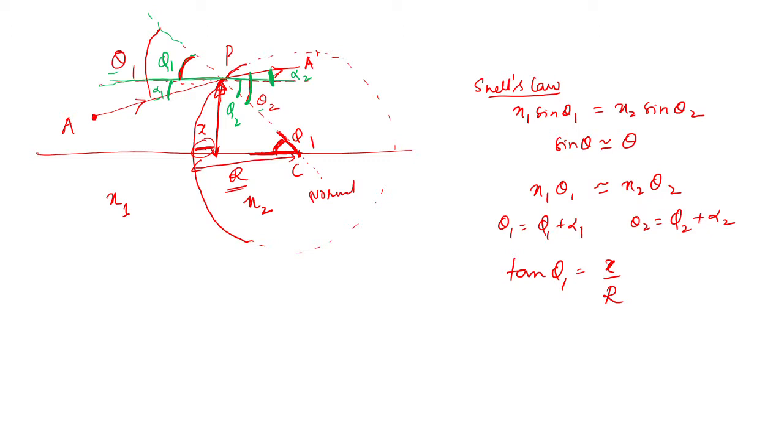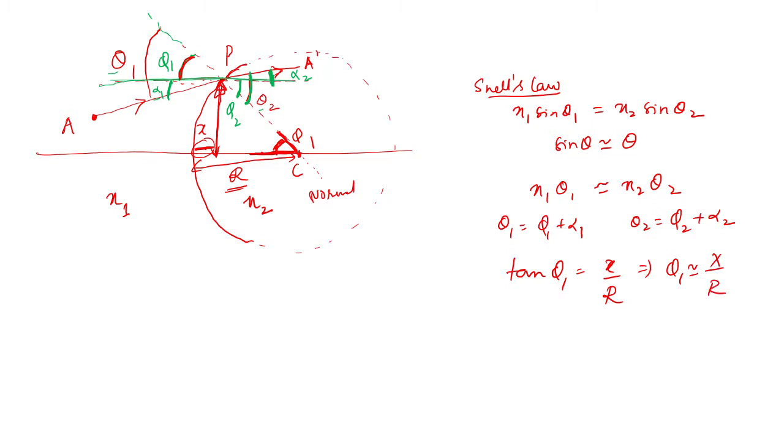We are making several assumptions, and before you apply these equations, you have to make sure your system is well within the limits of the approximations that you made. So be mindful of the approximations. So tan phi 1 is equal to x by r. For small angles, I can write phi 1 as x by r.